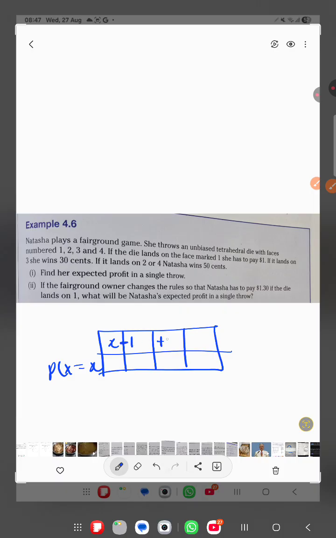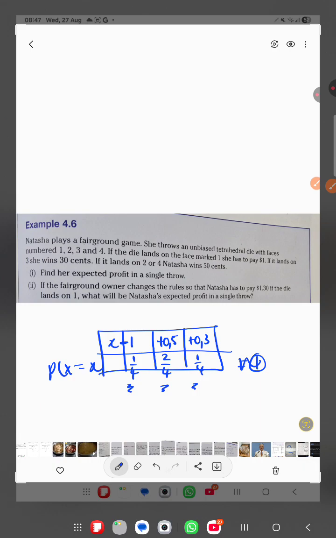You could get plus 50 cents or plus 30 cents. And then we said minus $1 was 1/4. 50 cents was 2 out of 4. And 30 cents was 1 out of 4. And we check that these add up to what? These add up to 1, obviously.